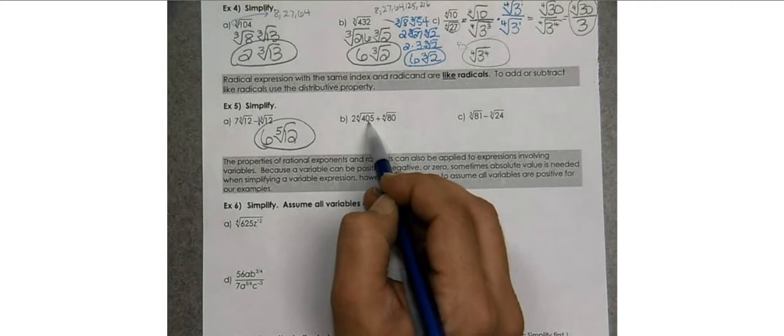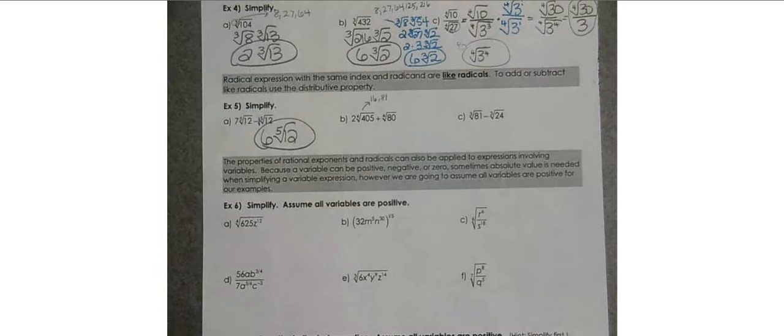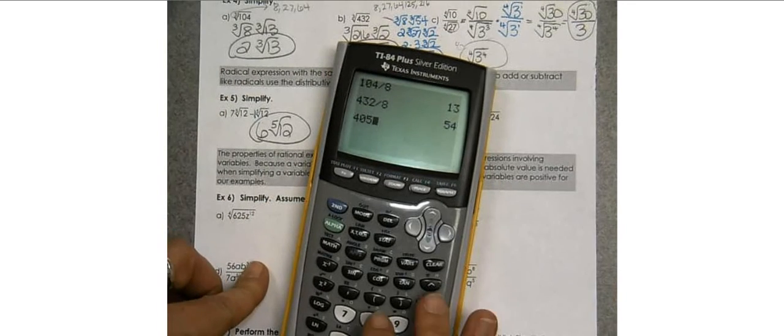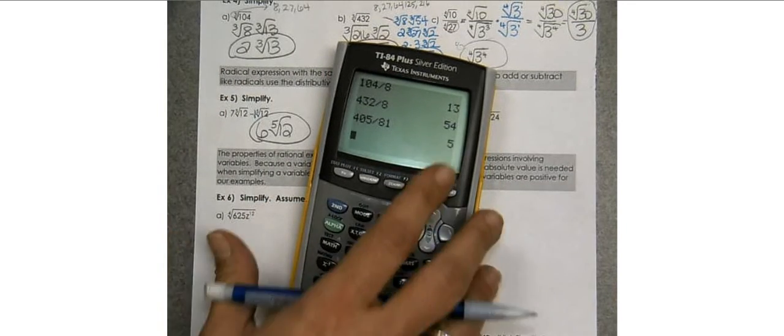So what we could try to do is break down the 4th root of 405. Let me look at my chart to look at some 4th roots. One of my 4th roots is 16. I don't think that's going to go into 405. Another 4th root is 81. Well, let me see, maybe that'll work. 405 divided by 81 goes in 5 times.